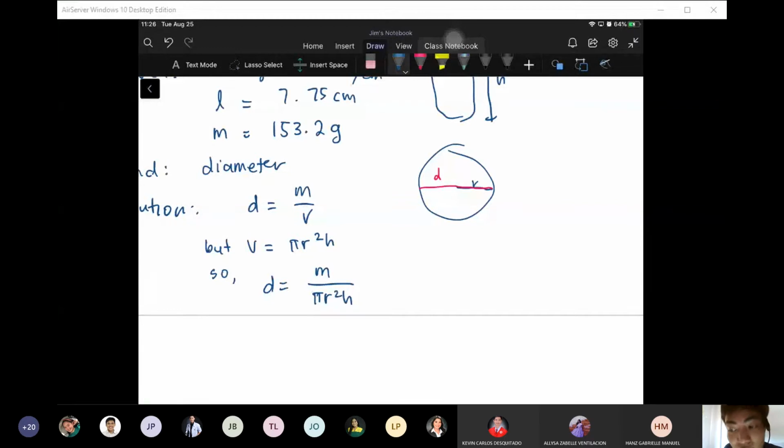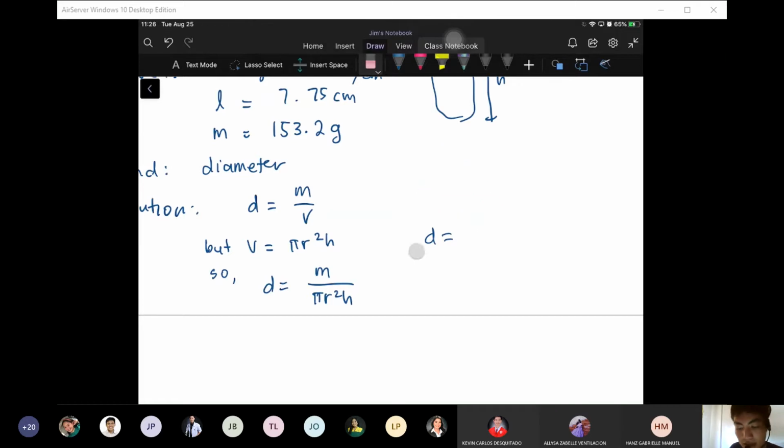Do they have relationship? If meron, sana all. Ano yung relationship nila? Their relationship is diameter is twice the radius, diba? So, keep in mind that.